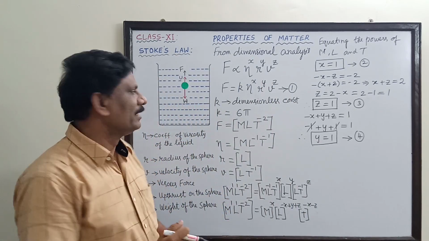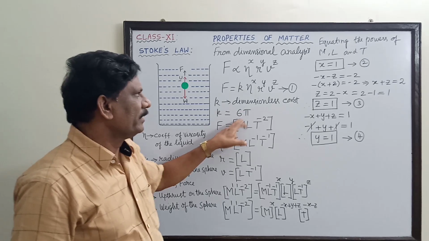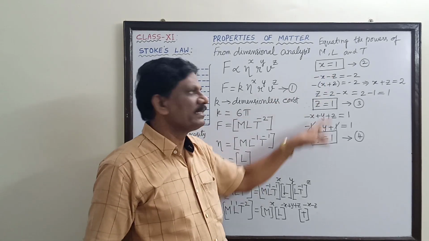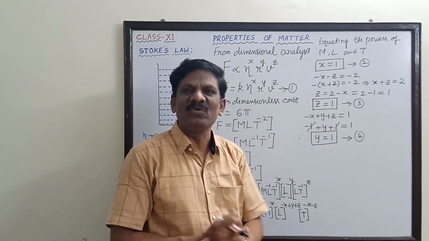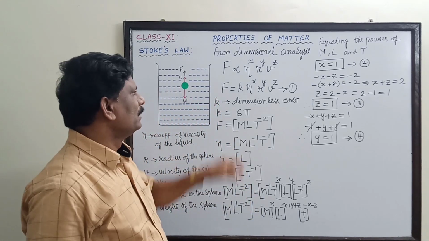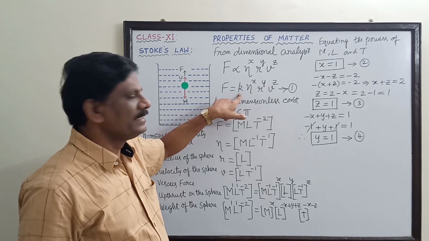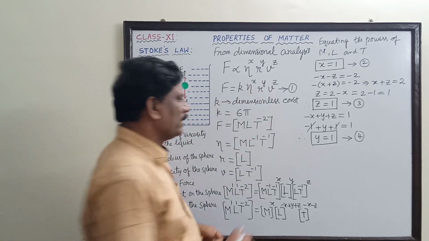Okay. Already the value of k is equal to 6 pi. Now we have found the three unknowns x, y and z, all equal to 1 only. So I am going to substitute the powers x, y, z equal to 1 and k equal to 6 pi in equation 1.